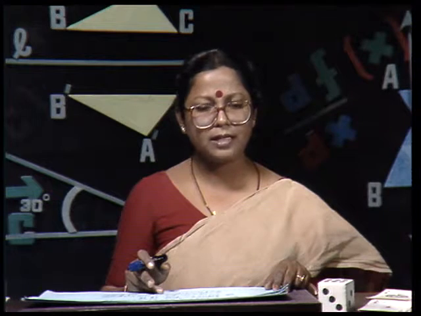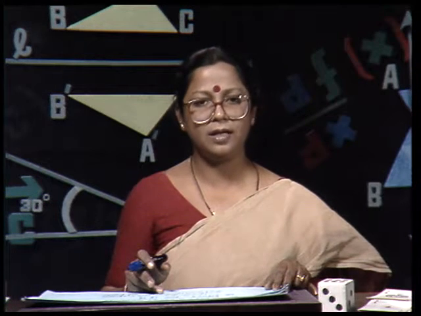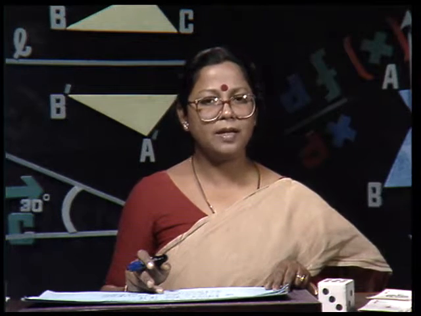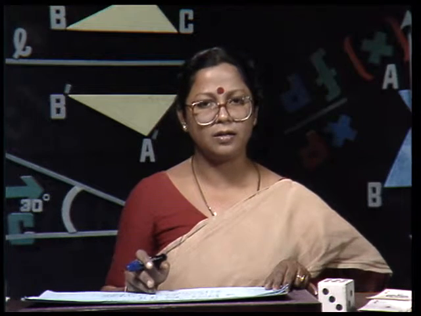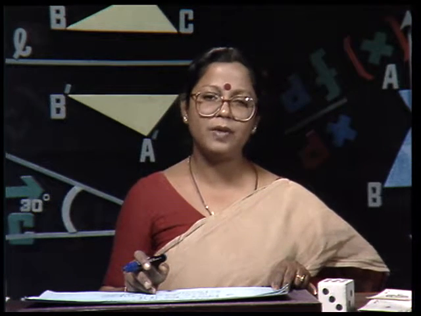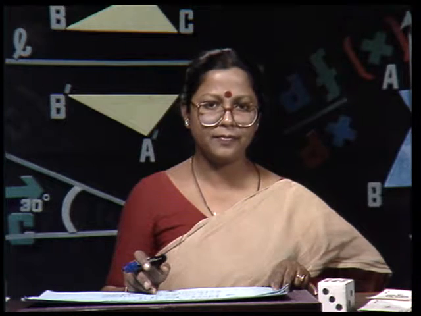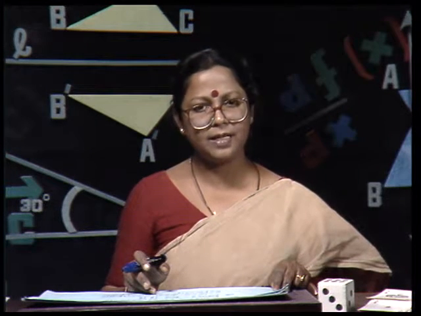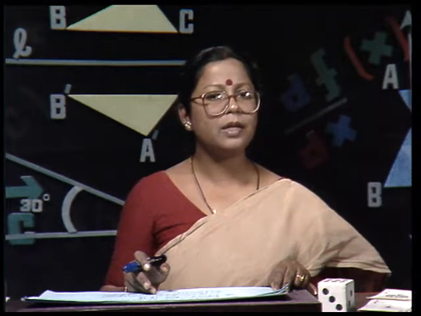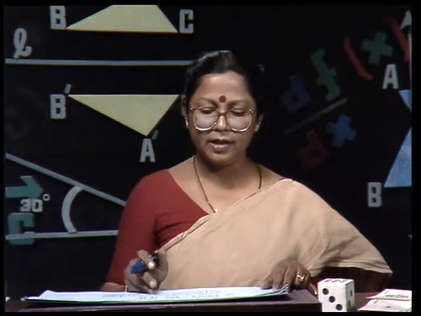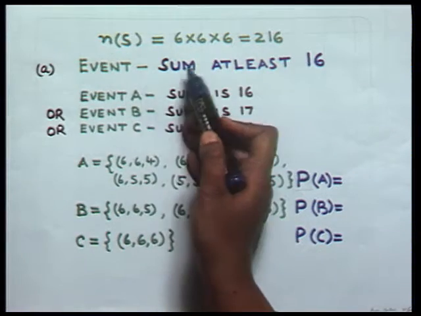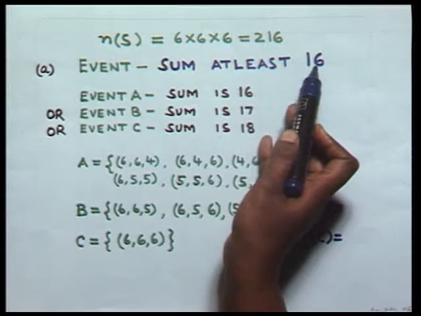We may also get 1 plus 2 plus 1 or 1 plus 3 plus 2 and so on. The maximum sum which we can get if we throw 3 dice is 6 plus 6 plus 6, that is equal to 18.